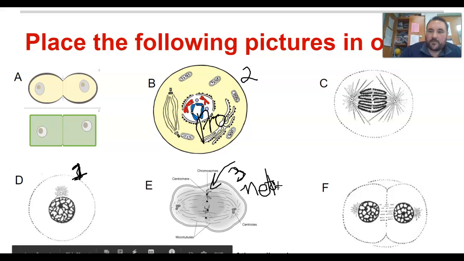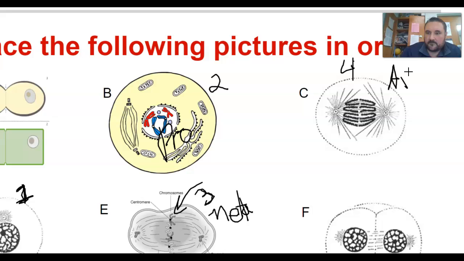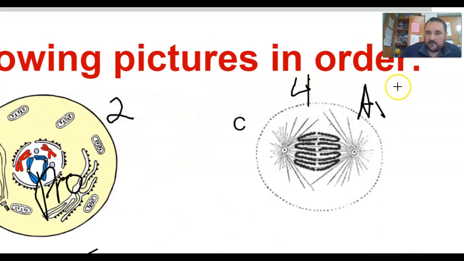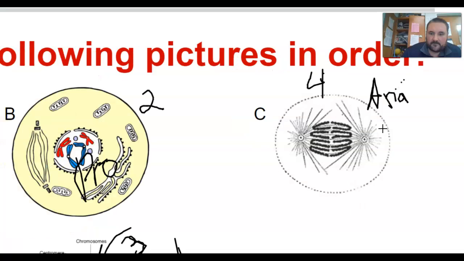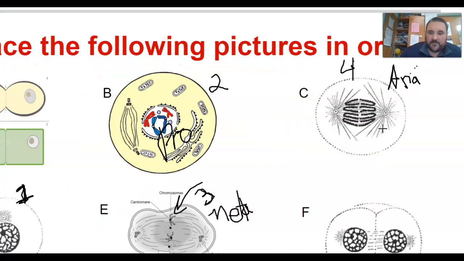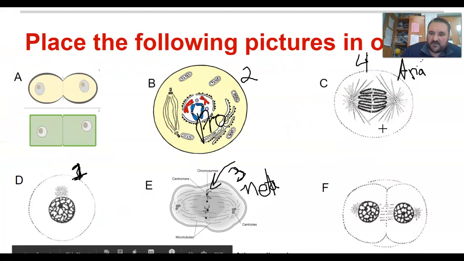After they are pulled apart, this one's 4, this one's anaphase. They're going to be pulled all the way apart, and eventually the 2 nuclei are formed.